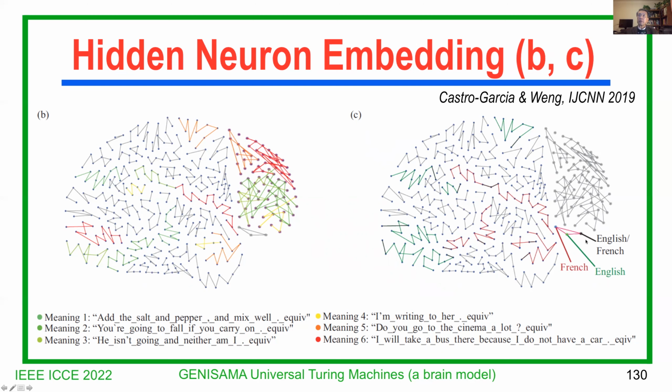If it's gray, it means neutral language, neutral, that is true for both English and French, like numbers. Here, for example, you have a color for meanings. This is connected, which means a temporal sequence, and here it means a language type.